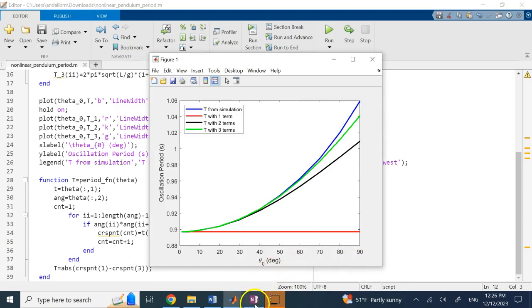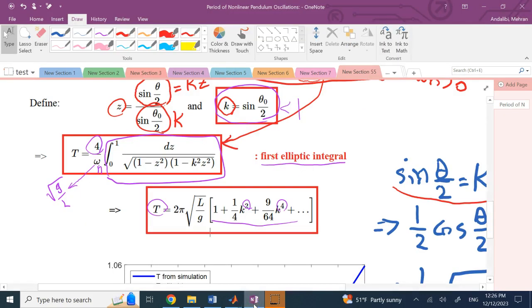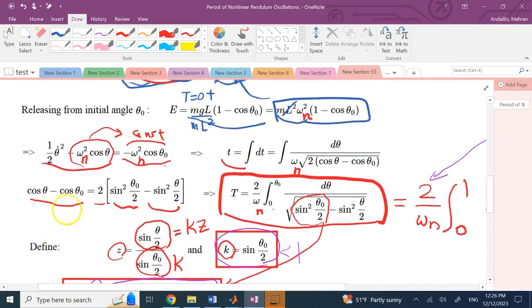By the way, let me show you one thing before I discuss the result. The interesting part is this: if I just use one term, what is this? This is exactly the formula that we had.